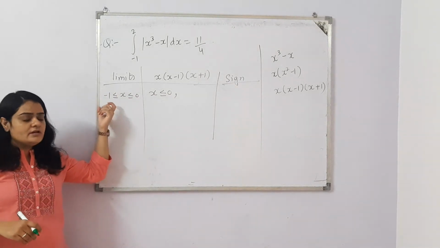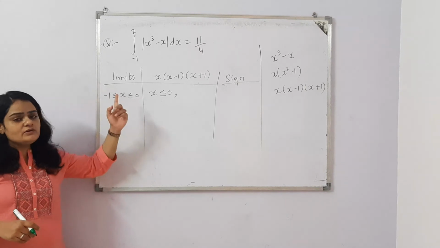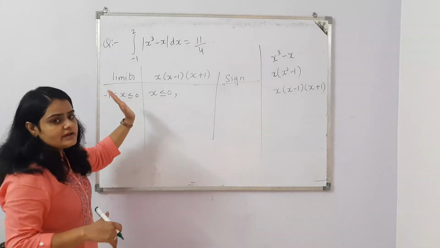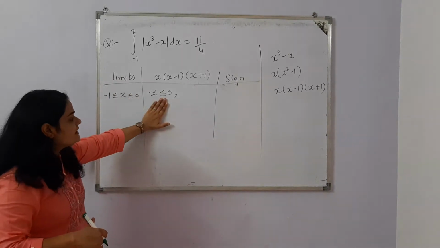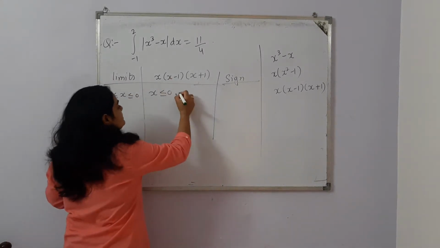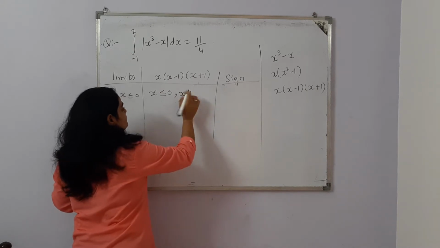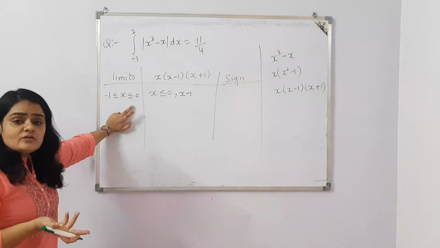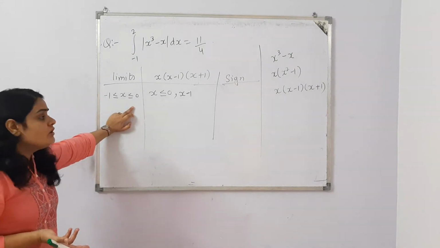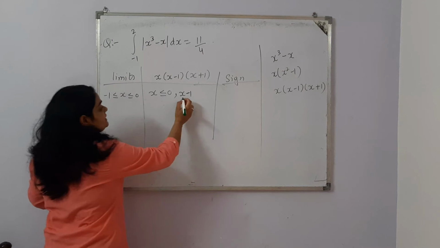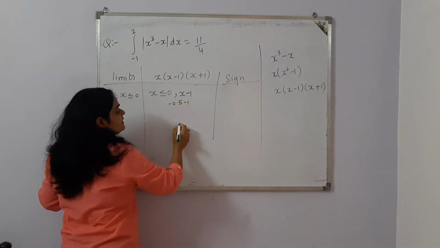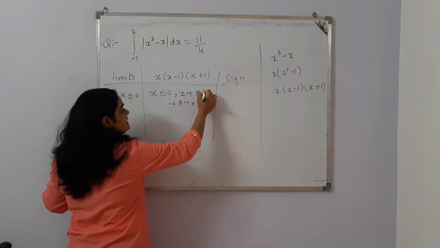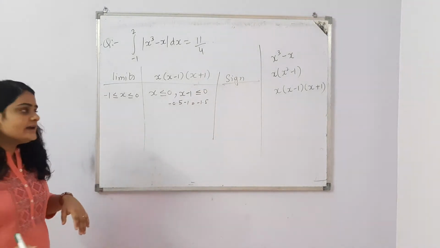Of course, it is showing that we are on the negative side of x, from minus 1 to 0. Another one is x minus 1. In between minus 1 to 0, it can be minus 0.5, it can be minus 0.4. Whenever we substitute minus 0.5, we get minus 1.5. So that means it is negative, or can be 0.